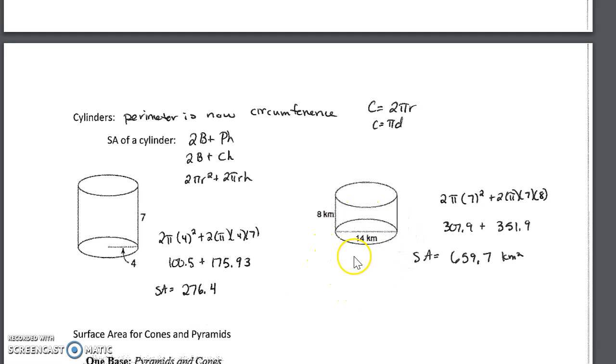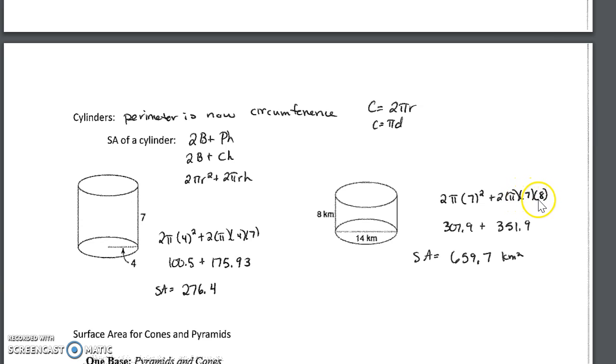The one thing you need to do is notice that 14 is not a radius. 14 is your diameter. So you need to know that your radius is cut in half. So your radius is just a 7. So 2 pi radius squared, so 7 squared, plus 2 pi radius times height.